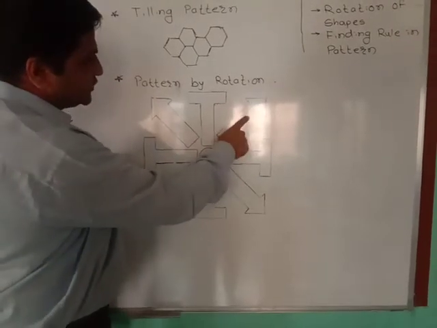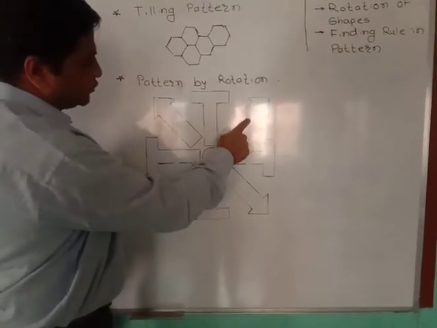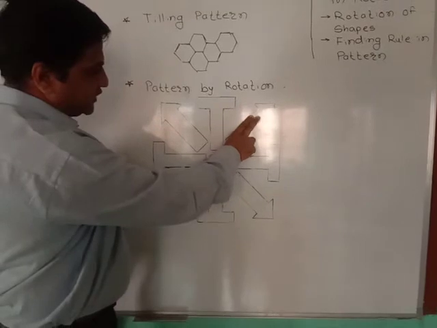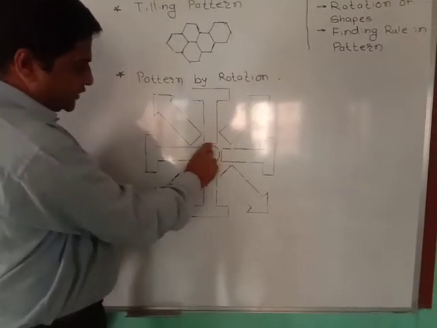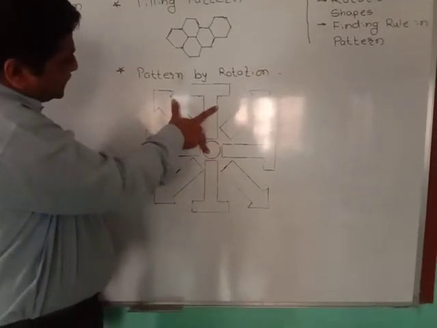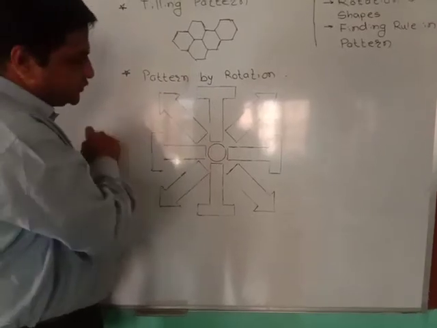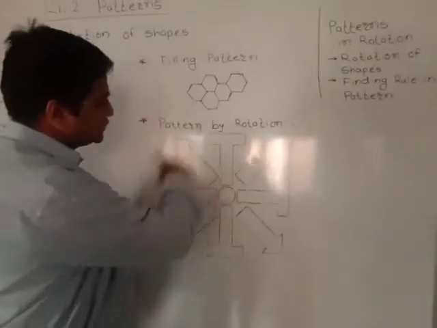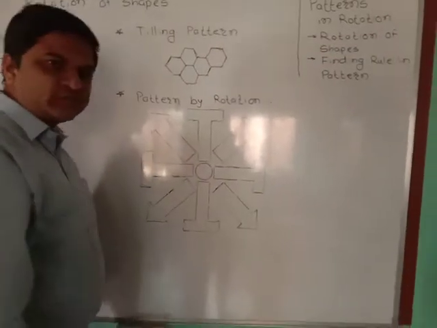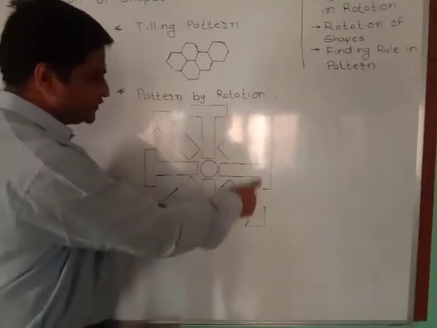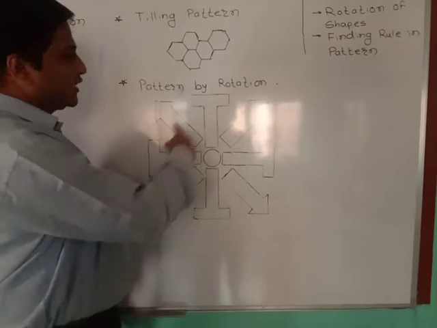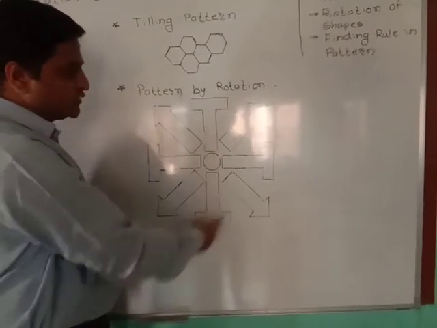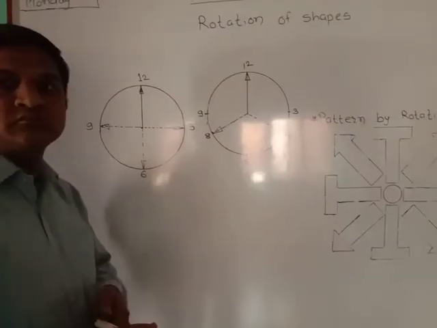Not only this, an arrow is rotated from this angle to this angle and from this angle to this angle, and again it's pointing upwards, so again it forms a particular pattern. Such a repetition of shapes after a particular fixed interval gives rise to the pattern which is known as a pattern by rotation.